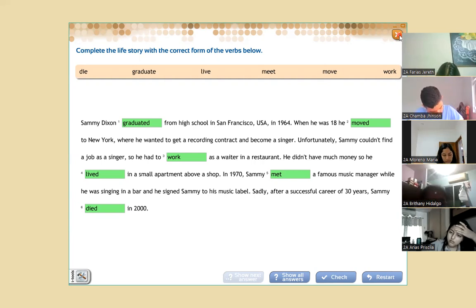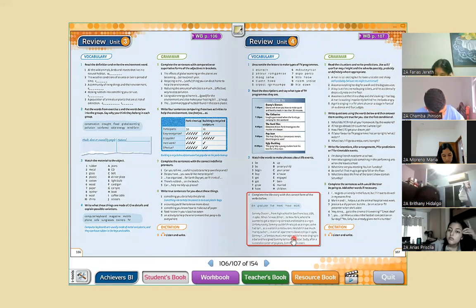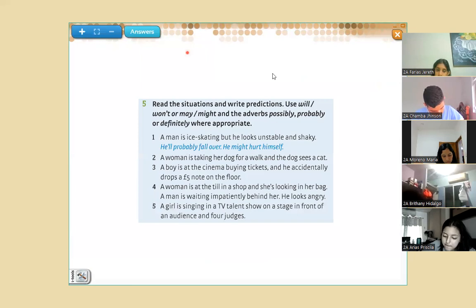Now we go to the next step on this, okay? And obviously we are going to go through the grammar reference about that. In the grammar, we are going to focus on some possibilities, and with those possibilities we're going to work on this.